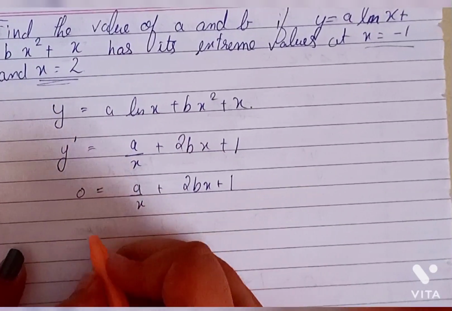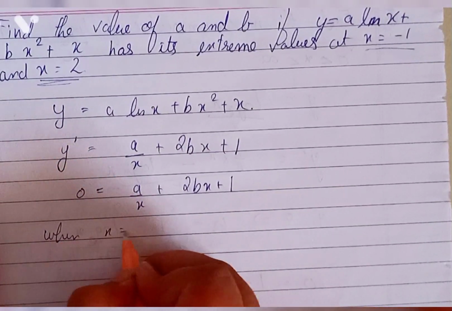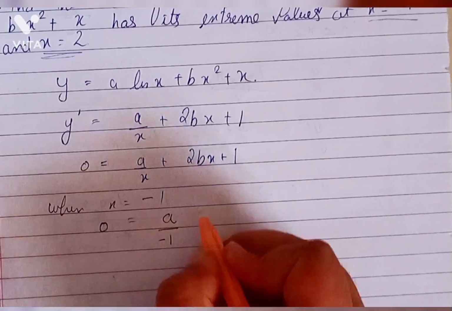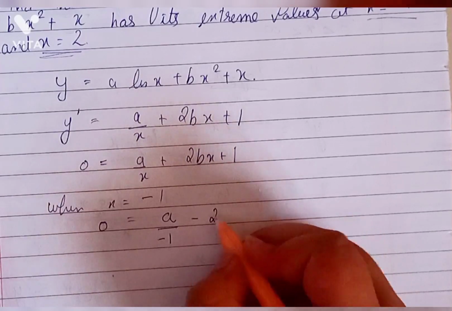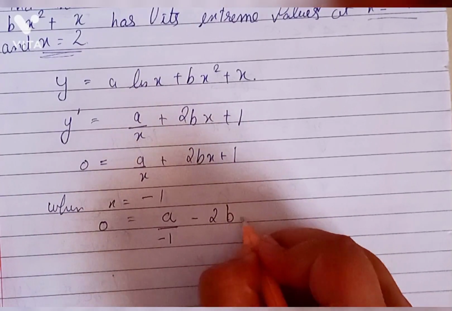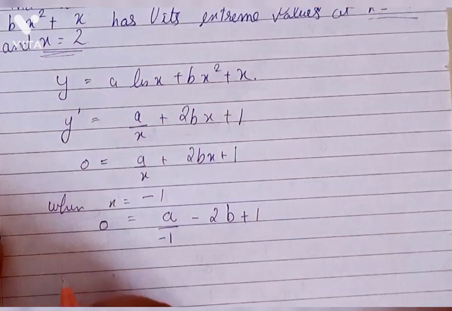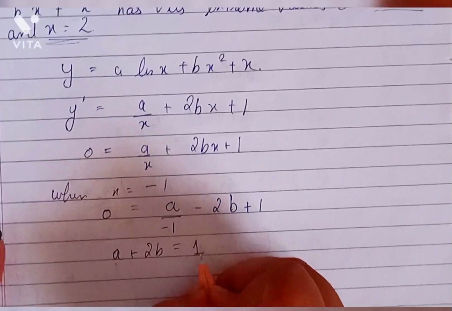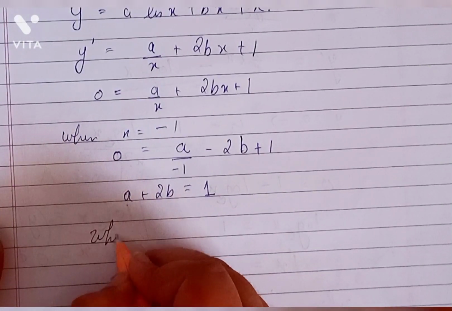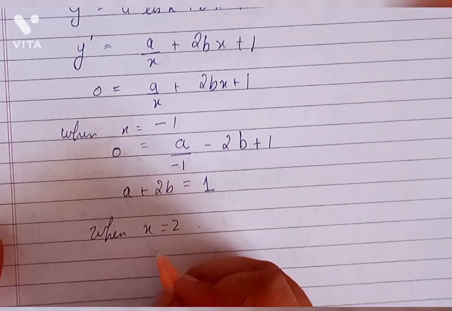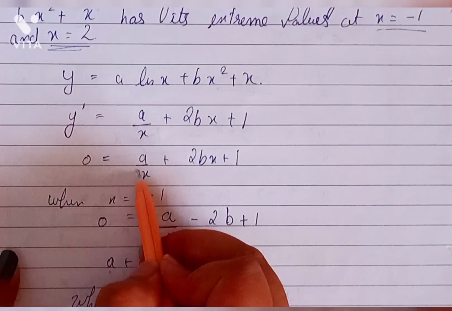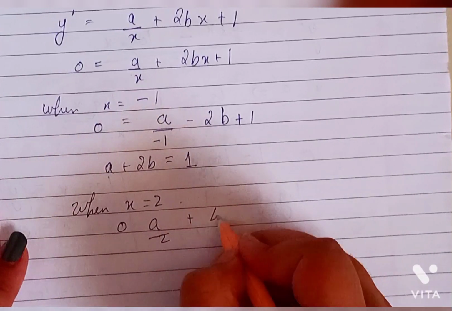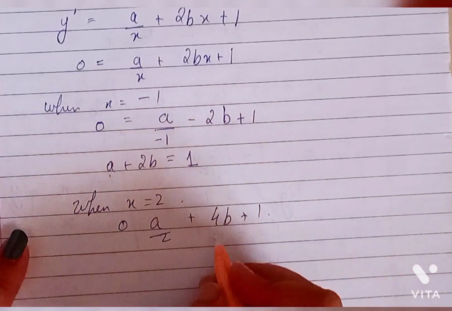So first putting x equals to -1: 0 is equal to a by -1 minus 2b plus 1. Taking it over here, a plus 2b is equal to 1. Now when x is equal to 2: 0 is equal to a by 2 plus 4b plus 1.